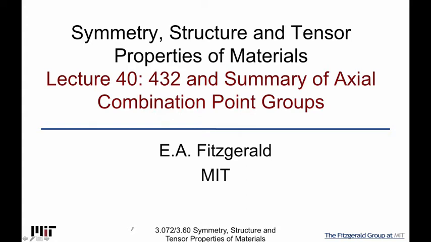These point groups based on rotation, that's what we're calling axial point groups. It's not a complete set yet because we haven't added any of the extenders, but just working with rotations, hence the term axial combination point groups. We have arrived at the 11 combinations, which we'll show you at the end of this lecture.